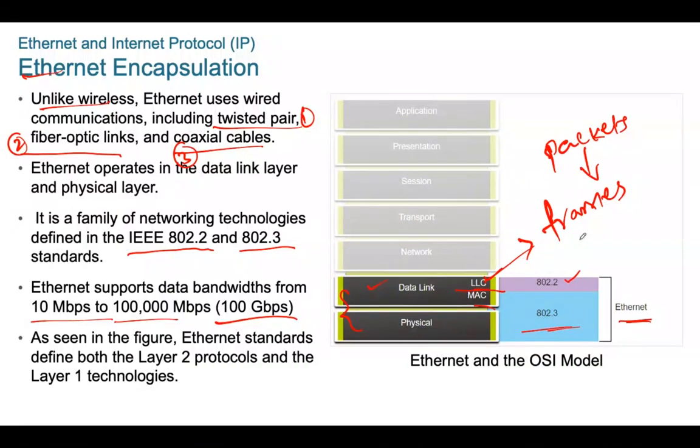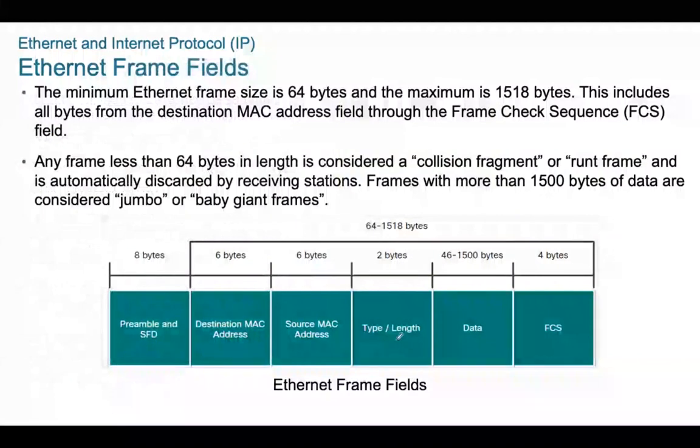These frames will be passed within the private network by using a MAC address. So first, the upper sublayer of the data link layer generates the frames. The lower sublayer is used for routing the packets within the private network.